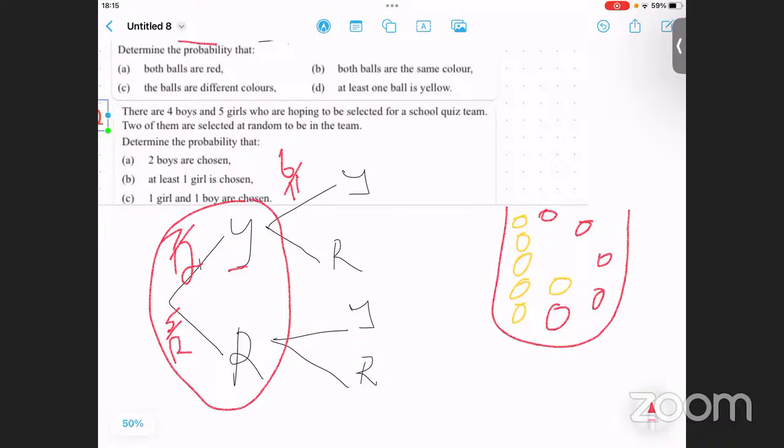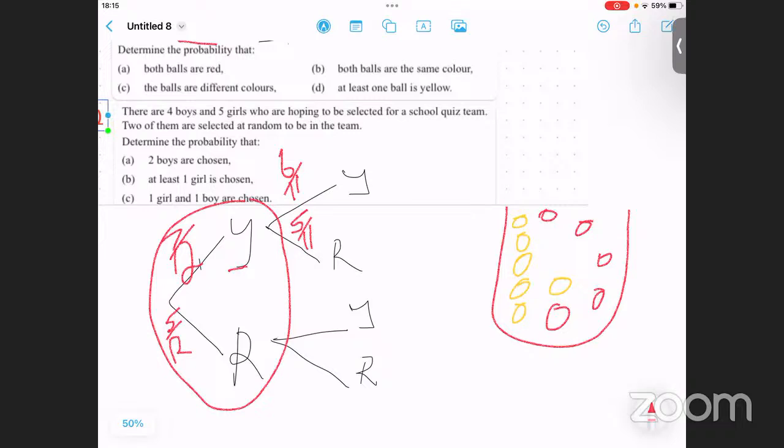So it doesn't change because we didn't take out a red ball. The ball that was selected was yellow, so it's going to be 5 over 11. So this one does not get affected, other than the denominator changing, because now you have a total of 11 balls instead of 12 balls.